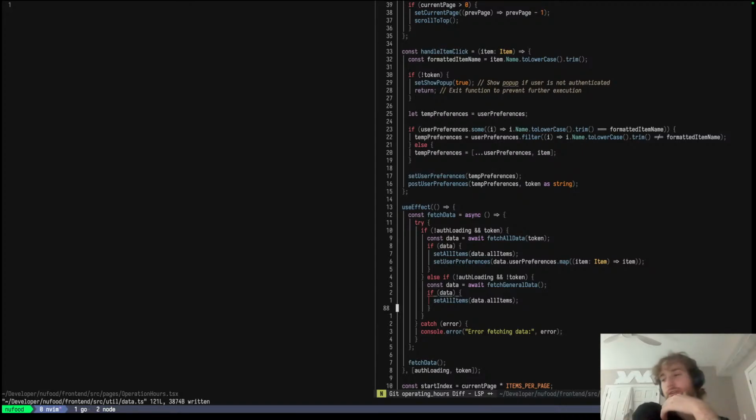But now that I'm thinking about it, if I have a separate API endpoint, is that even good? Or should I just always have it in the general? Like, should I even have this page fetch the general data that has... I think this is fine.